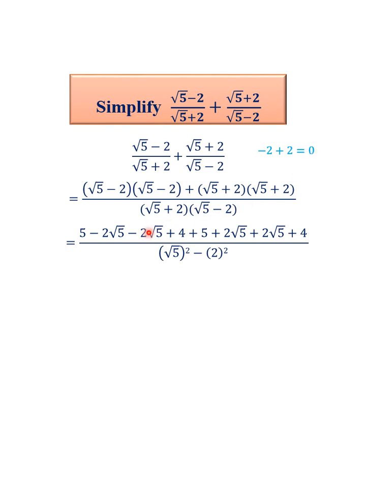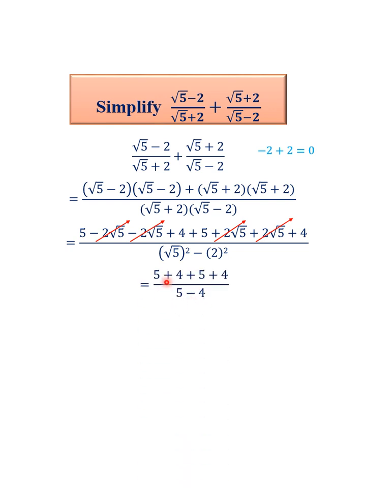Let's apply that here. Negative 2 root 5 and positive 2 root 5 should give us 0. So negative 2 root 5, we take out positive 2 root 5. Negative 2 root 5, again, we take out positive 2 root 5. And we will be left with 5 plus 4 plus 5 plus 4 at the numerator.